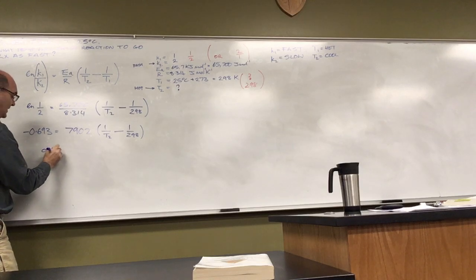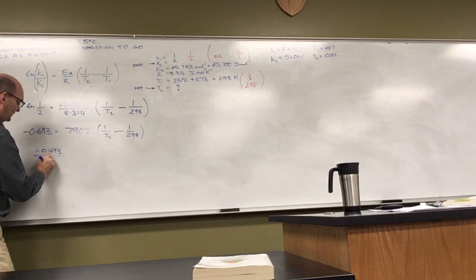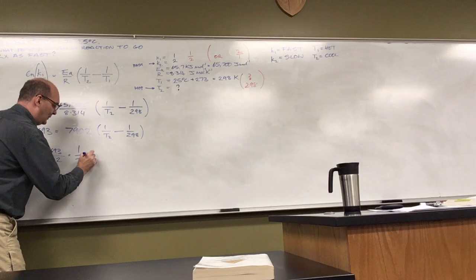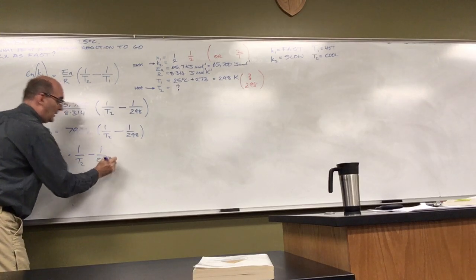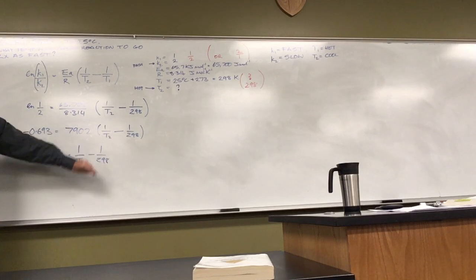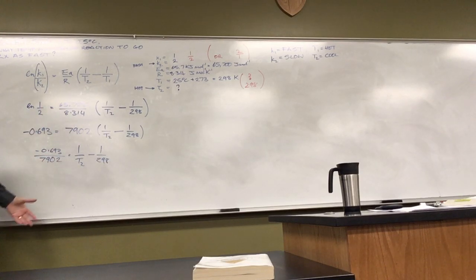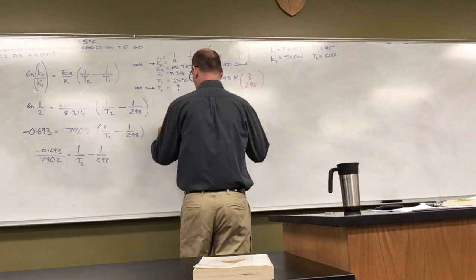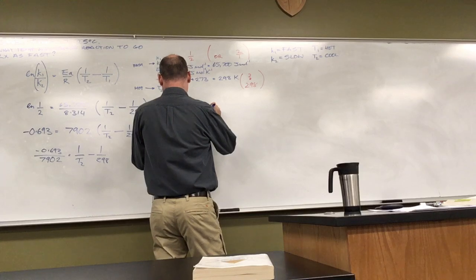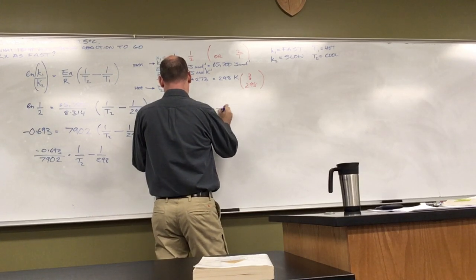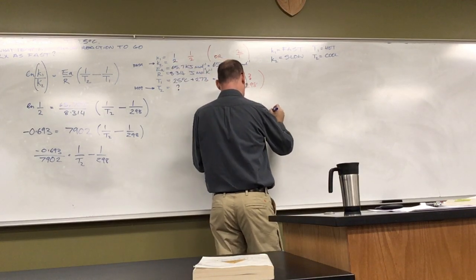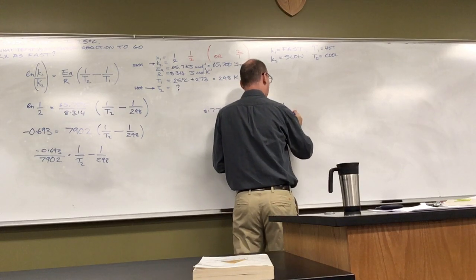So negative 0.693 divided by 7,902 equals 1 over T2 minus 1 over 298. At which point I'll be able to get rid of this term and have something that just tells me 1 over T2, and that will lead me to my correct answer. So that simplifies that number to 8.77 times 10 to the negative 5 equals 1 over T2 minus 1 over 298.